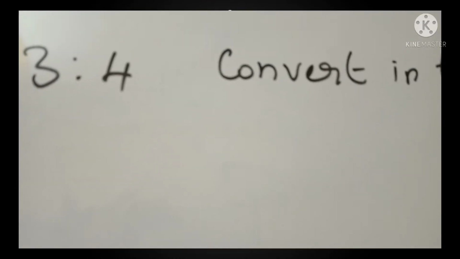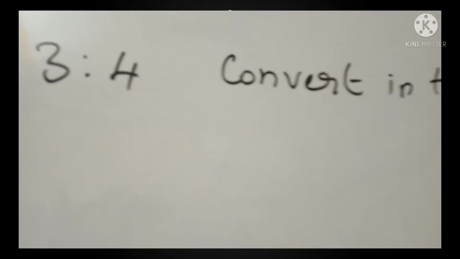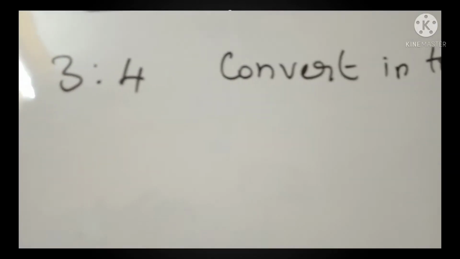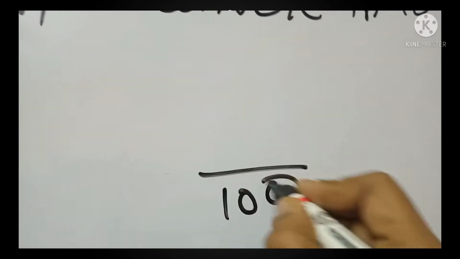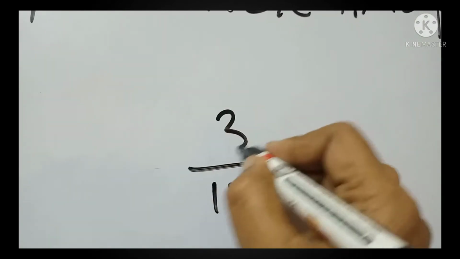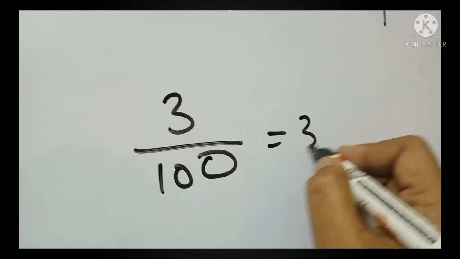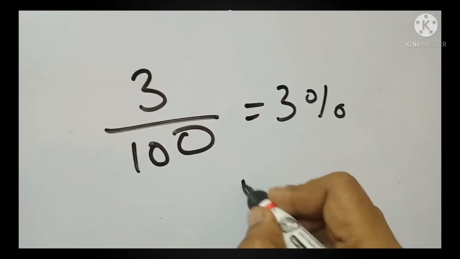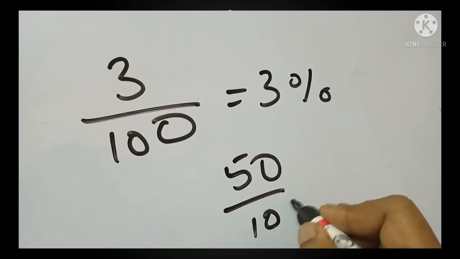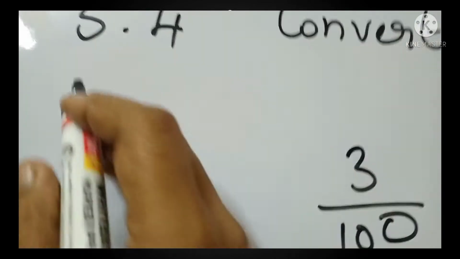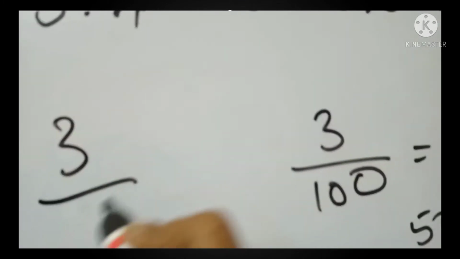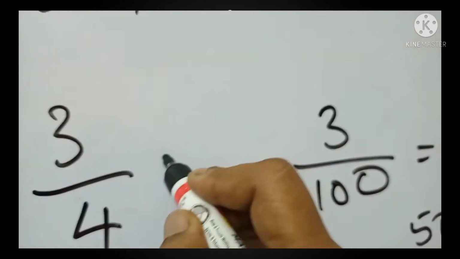In the next question, we want to convert 3 is to 4 into percentage. We know that percentage means a fraction by 100. That means 3 by 100 means 3 percent, 50 by 100 means 50 percent. So how can we convert? 3 by 4, we know equivalent ratio.